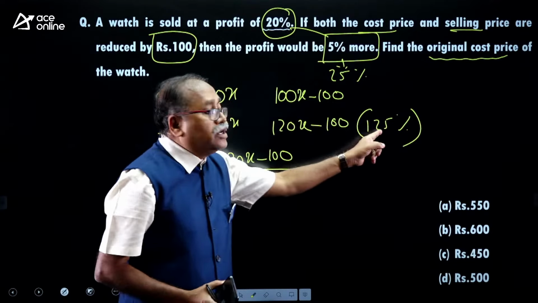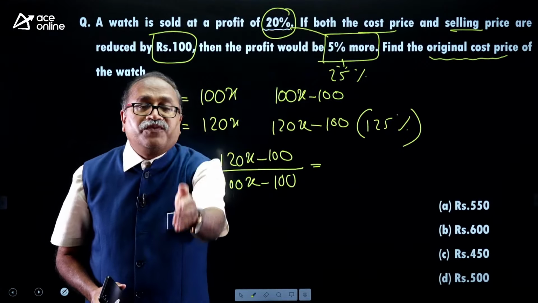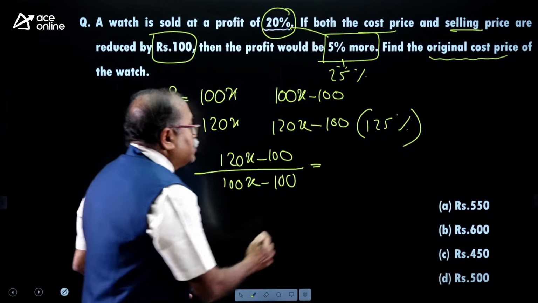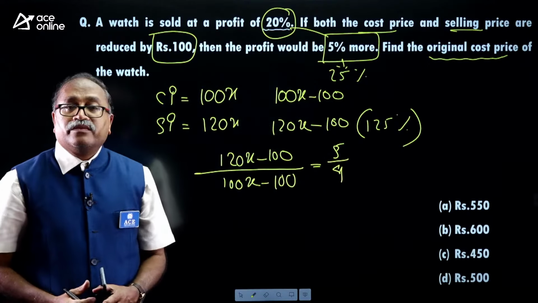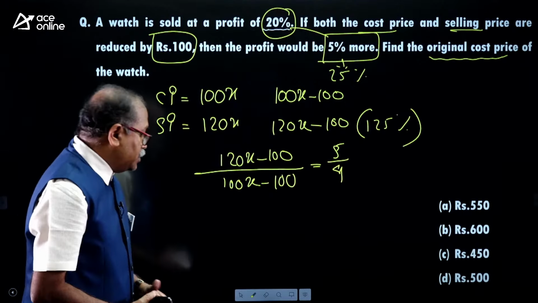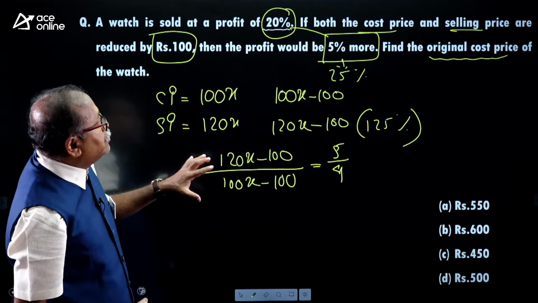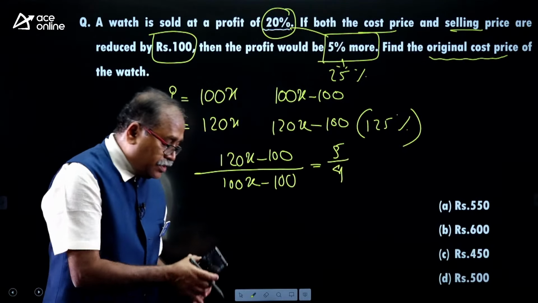The selling price is 125%, cost price is 100%. So with 25, that's 5 by 4. So here it is given as 5 by 4, selling price by cost price. Right, my dear friends? So you will be able to get the x value. Once you get the x value, you will be able to find out the 100x.